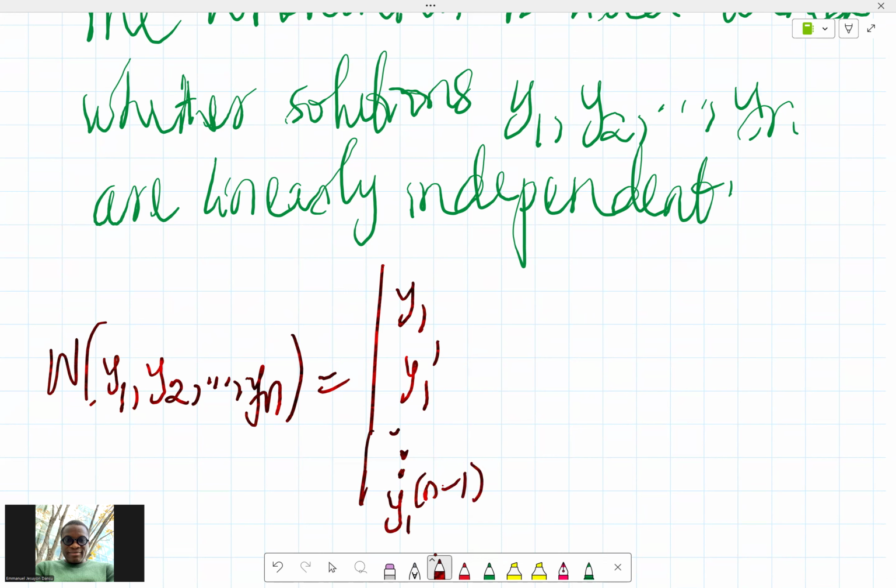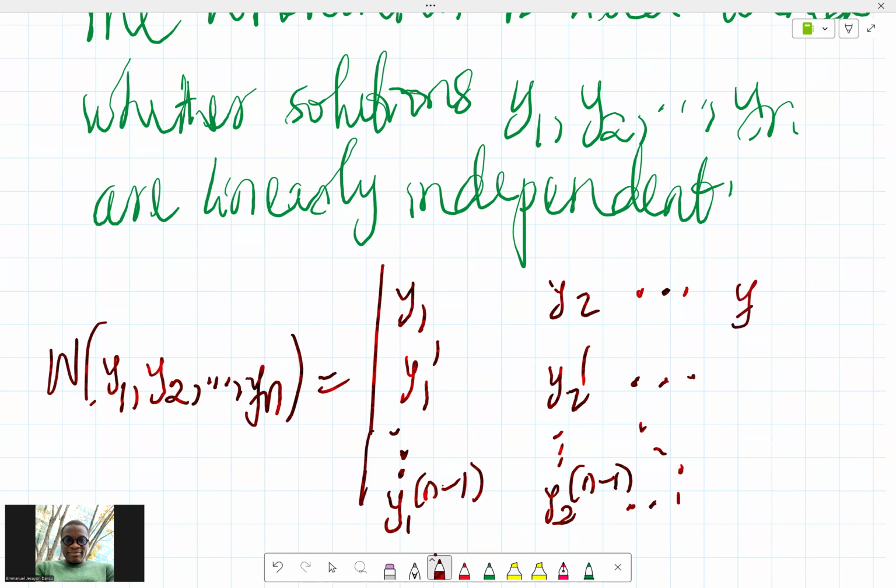The same goes for y2: y2 prime, down to the n minus 1 derivative, and it goes on until we get to yn, yn prime, and the n minus 1 derivative of yn.